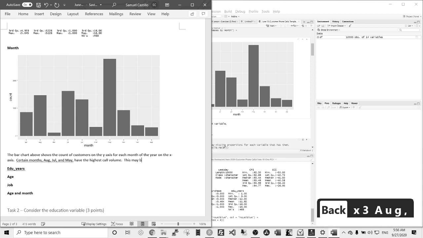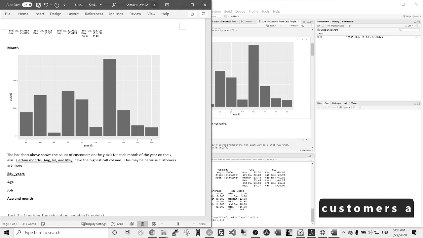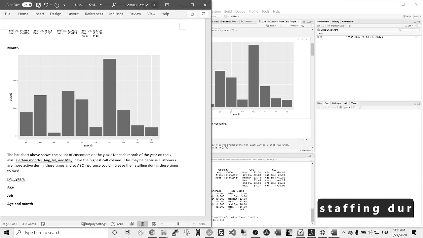This may be because customers are more active during these times, and so ABC Insurance could increase their staffing during these times to meet the demand and convert more customers.